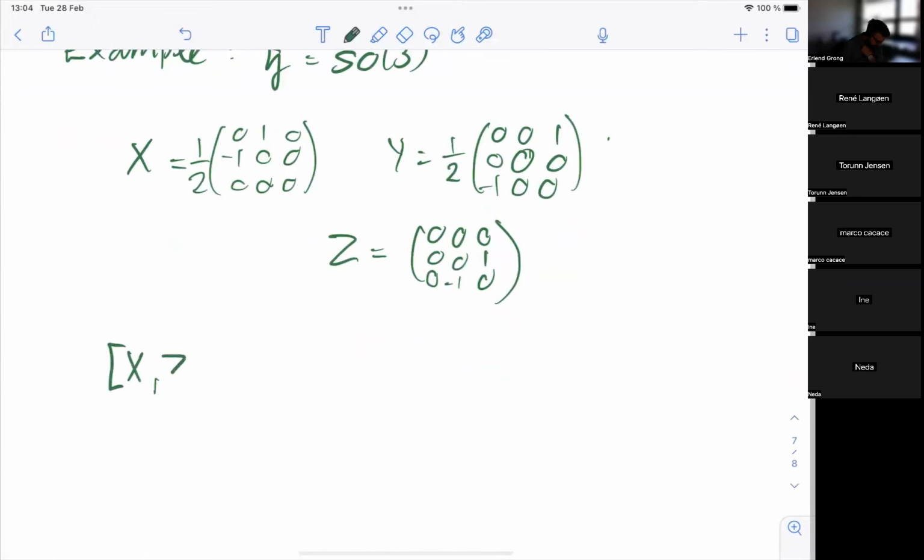So if we now take the Lie bracket of x with z, we have zeros on the first row.